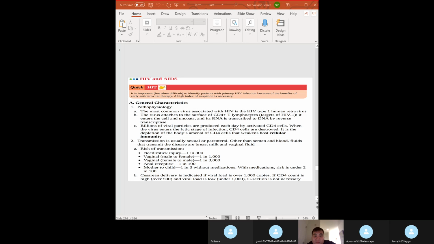Vaginal, female to male, 1 in 3,000. Anal receptive, look, 1 in 100. Look at the risk. Mother to child, 1 in 3 without medications. So the highest risk of transmission is anal receptive, because it's 1 in 100, followed by needle stick injury, 1 in 300.